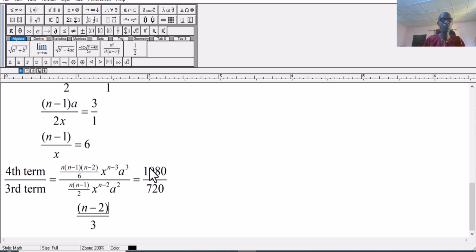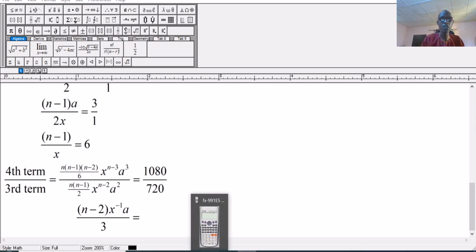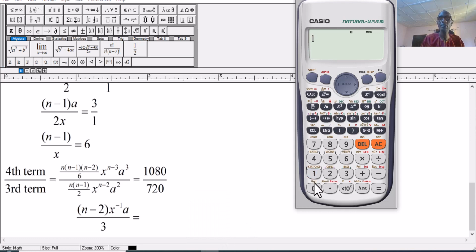Then you also have x raised to the power of minus 1. Bring out all the x and use the law of indices to apply that. So you have just a. What you now have is, let's use a calculator to calculate 1080 divided by 720.